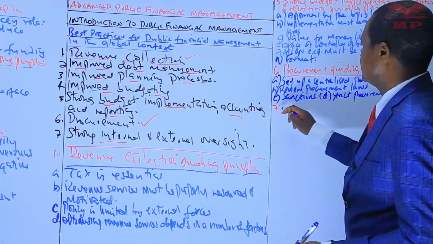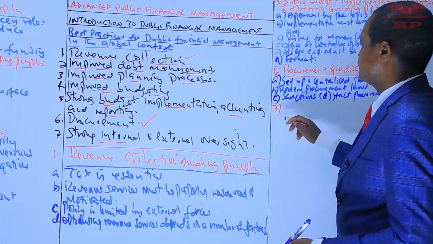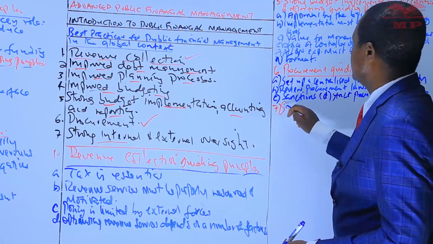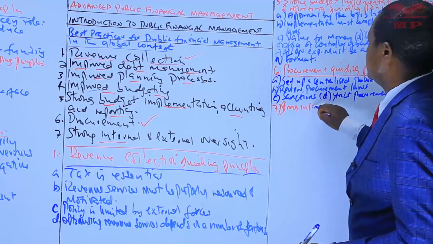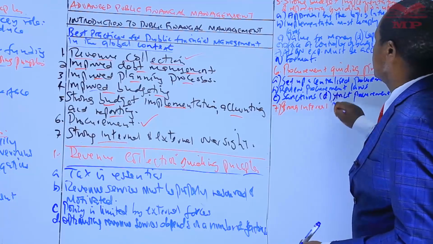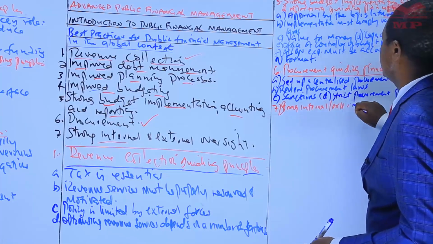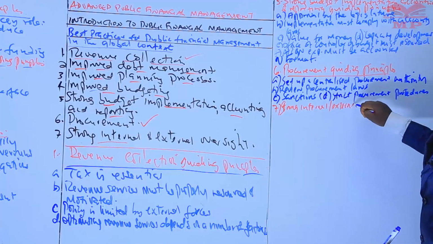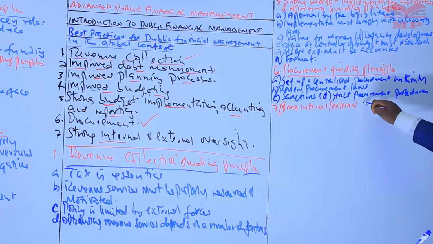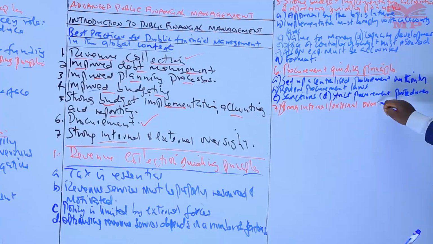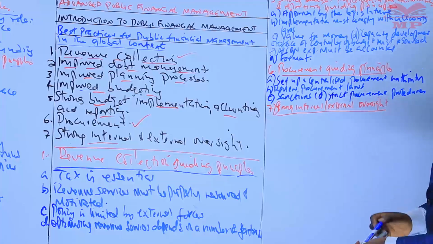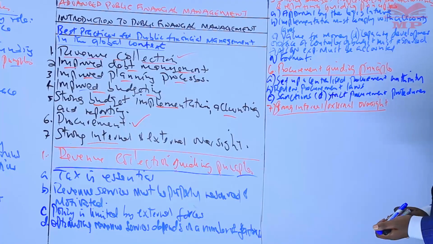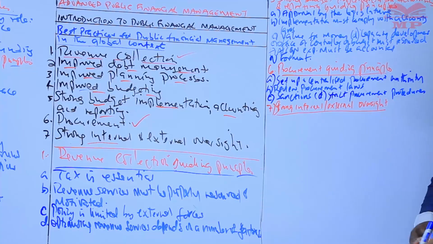Number 7, strong internal/external oversight. Now, what are the guiding principles for strong internal and external oversight?